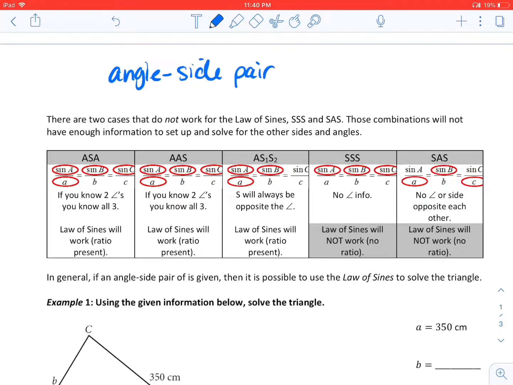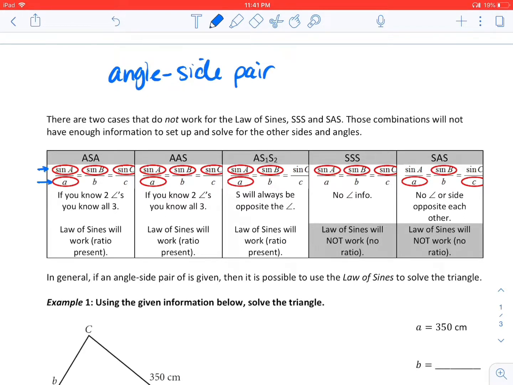When I say an angle side pair, that means that if I'm given one particular angle measure that I'm able to find the sine of, I have to also be at least given one opposite side for an angle measure that I'm given. Any other setups might have some other different opportunities, but in order to use the law of sines, I at least need one angle side pair.